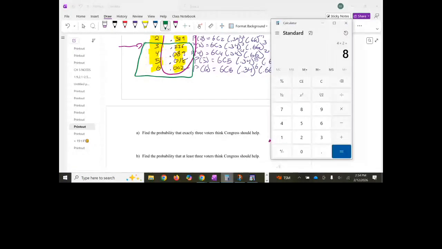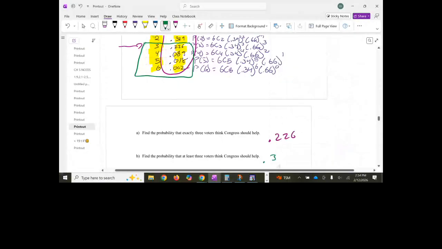I'm just going to grab my plain Jane calculator. 0.226 plus 0.089 plus 0.018 plus 0.002. And I'm coming up with 0.335. Boom, there we go.